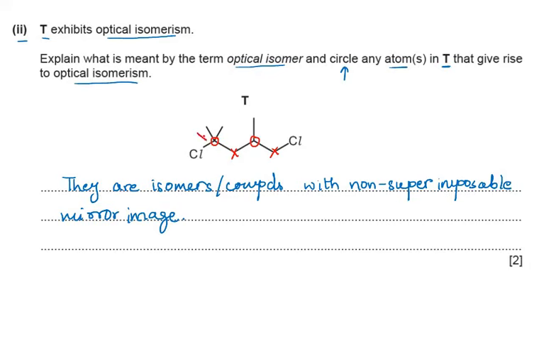This carbon atom cannot be a chiral center to exhibit optical isomerism because it has two similar groups on the same carbon, that is, CH3 groups. So this is the only possible carbon which can exhibit optical isomerism and is a chiral center. So here is our circle, and we have removed all the other circles and the crosses.